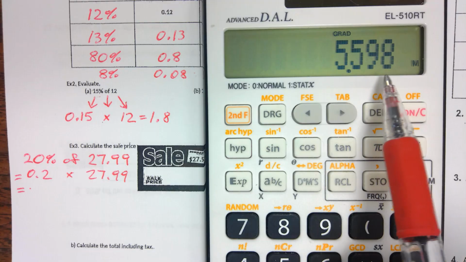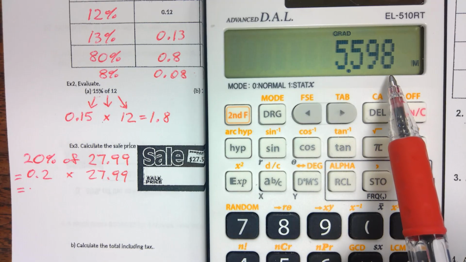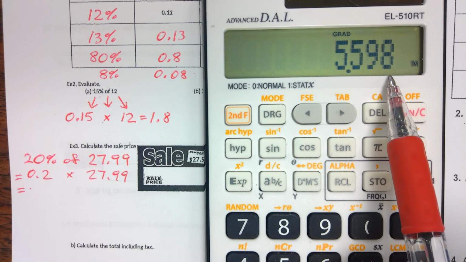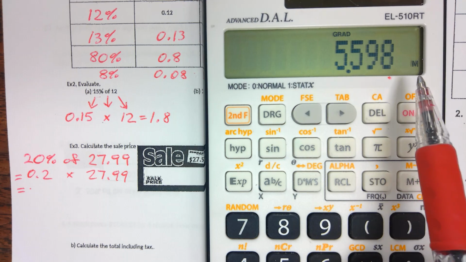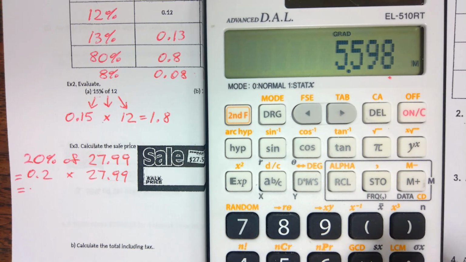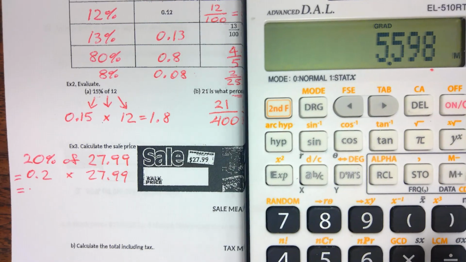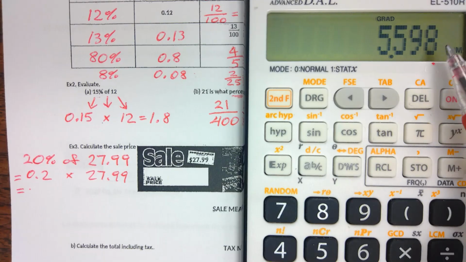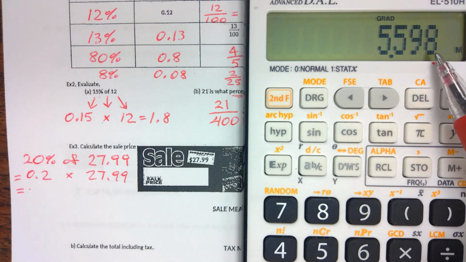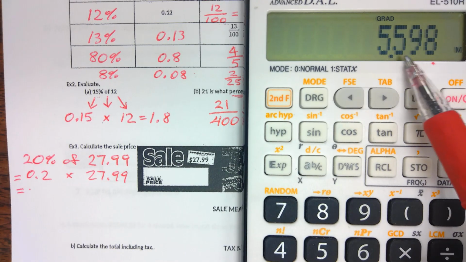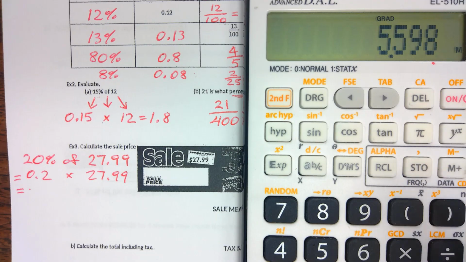Dollars, right? Can you break a penny into 8 parts? Show me, and then I'll mark you right. If you break that penny, it's not worth a penny anymore. It's worthless. Because we cannot break a penny, we always round to 2 decimal places for money. So this is actually $5.60.